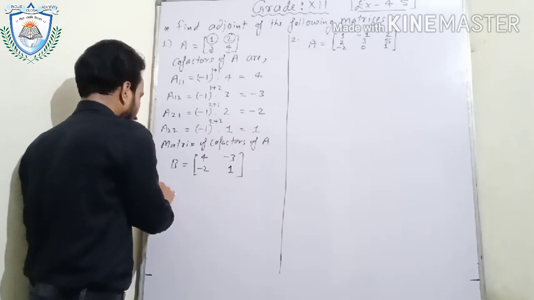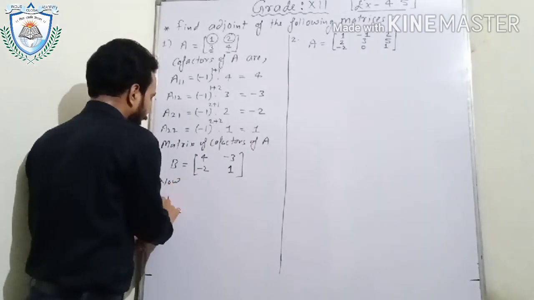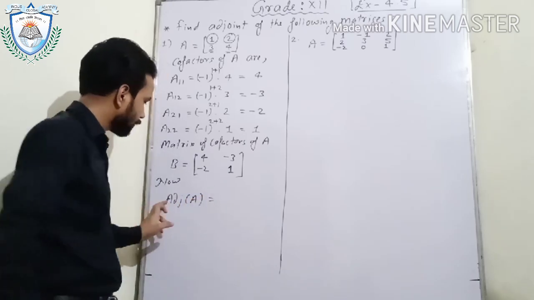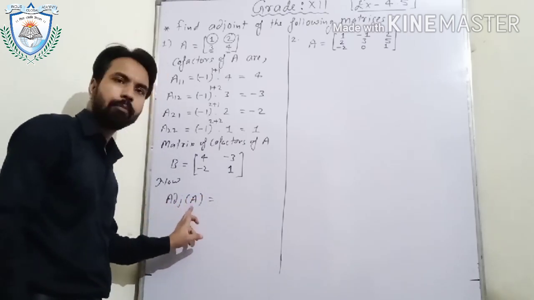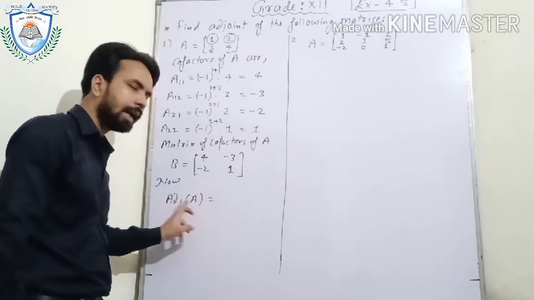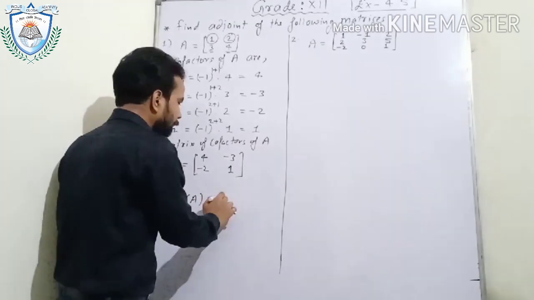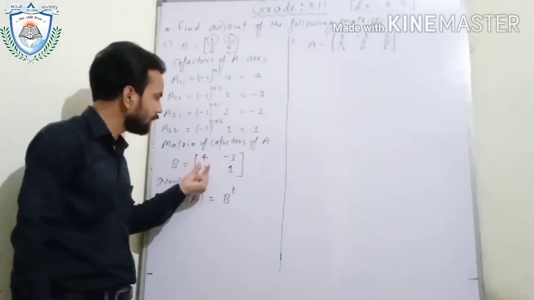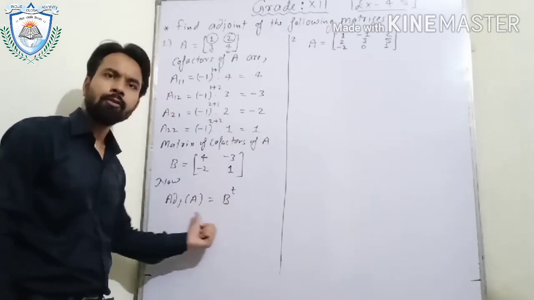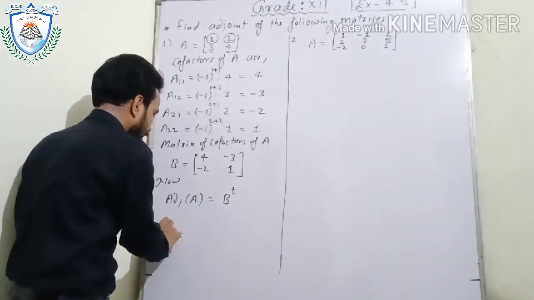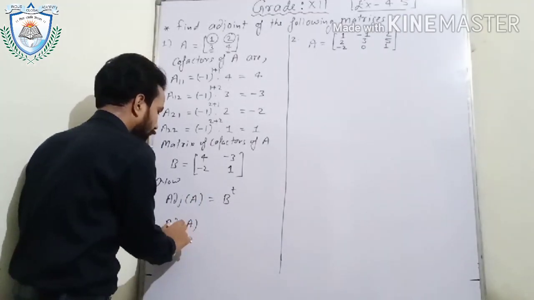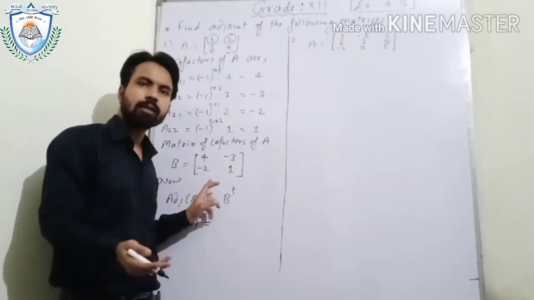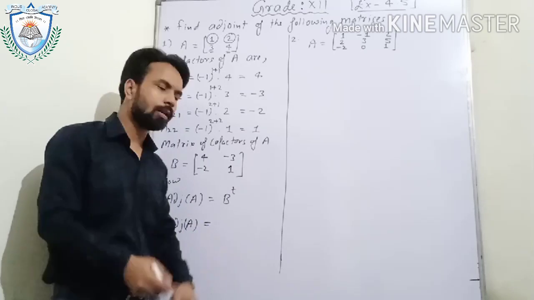Now the adjoint of matrix A. It is denoted as adj A. Adjoint A is B transpose. The B matrix is this, and its transpose will be the adjoint of A. You know very well how to find the transpose of a matrix: we interchange the rows and columns.